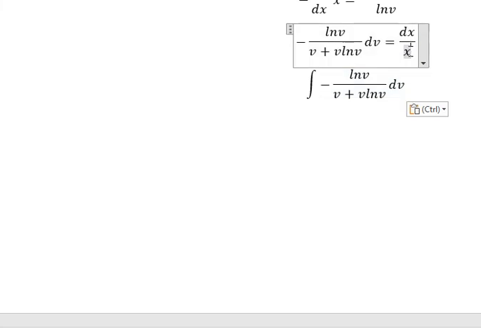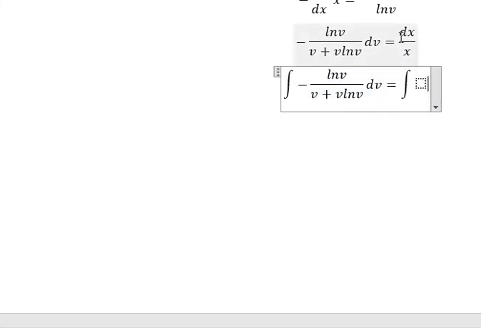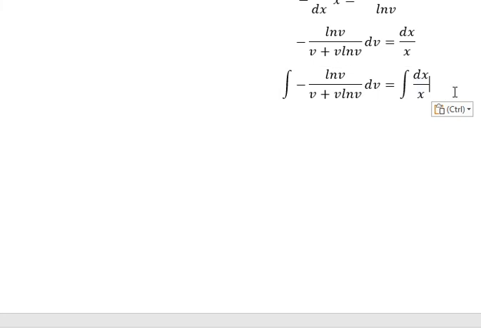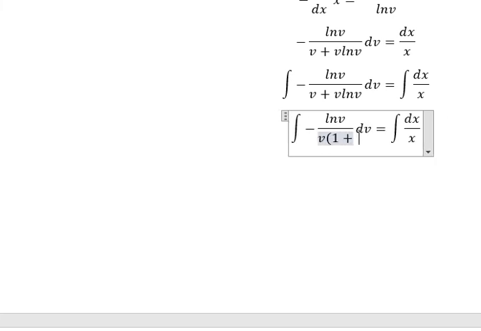Next, we put the integration for both sides. So v and v we can do about factorization.